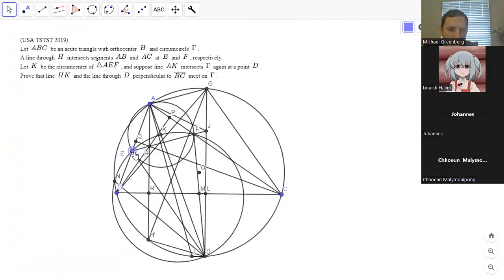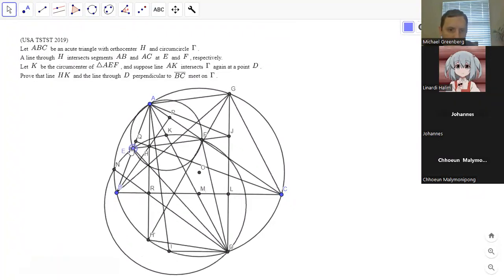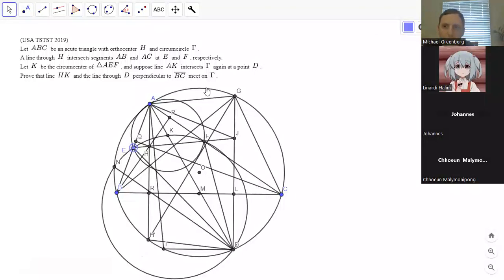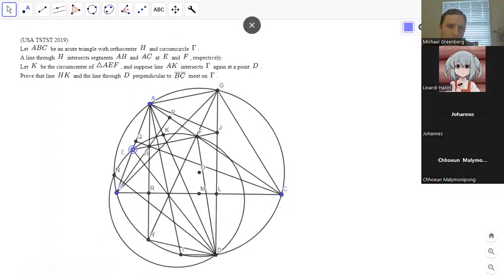So wait, H is the orthocenter. Okay, but no, those lines aren't just reflections about EF. So KND we want to show as HMD.